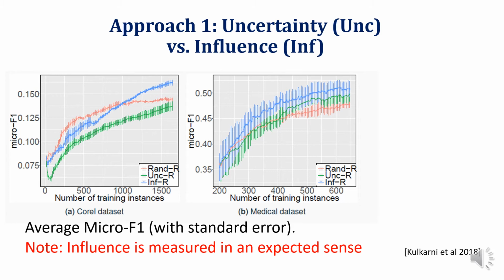You can only look at influence in an expected sense as mentioned here. And we also have looked at approximation schemes for quick computation. But in general, we find that there is a lot of value in looking at influence-based sampling. Kind of also reinforcing that uncertainty by itself may not help capture diversity and representativeness.